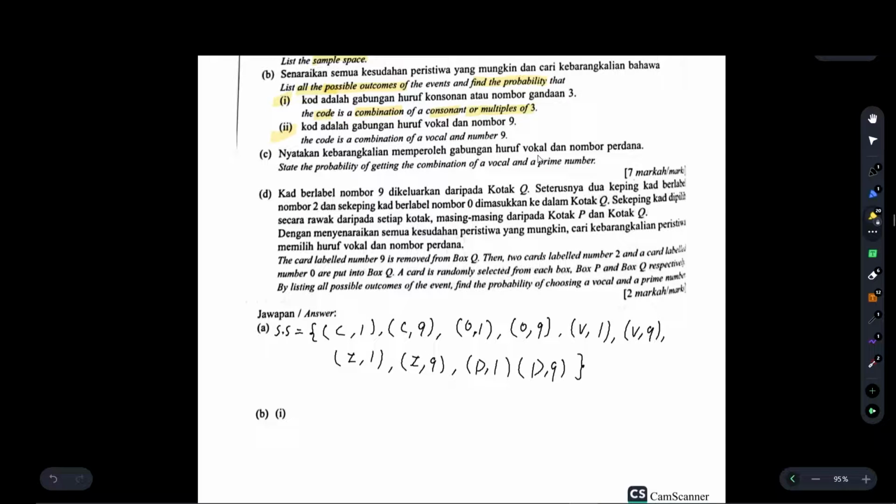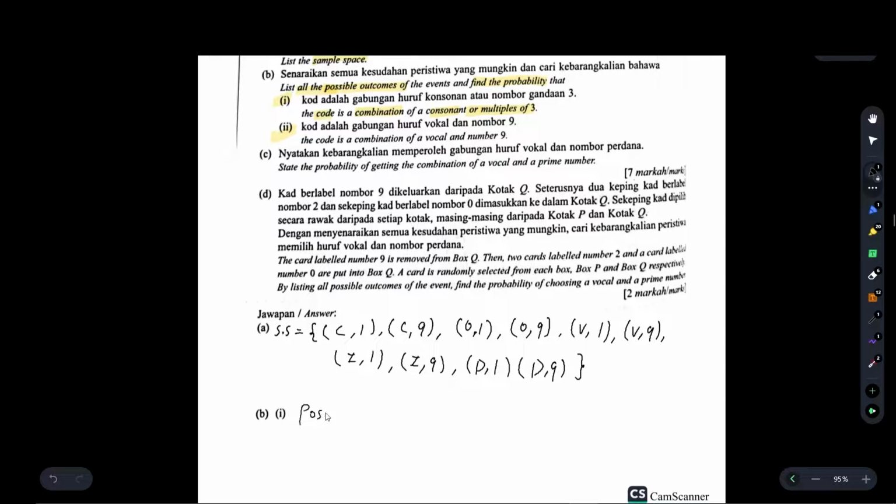It uses the word or, so that means in this code we can have both consonant and multiple of 3, or we just have the consonant and the other one is not a multiple of 3, and vice versa. So we're gonna find the probability of that and also list out the possible outcomes.